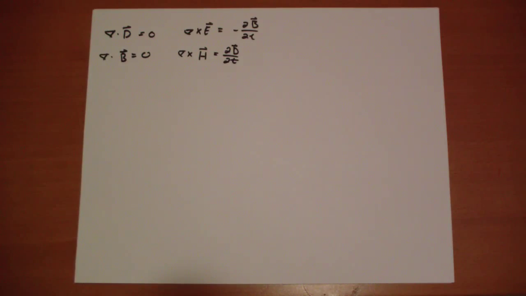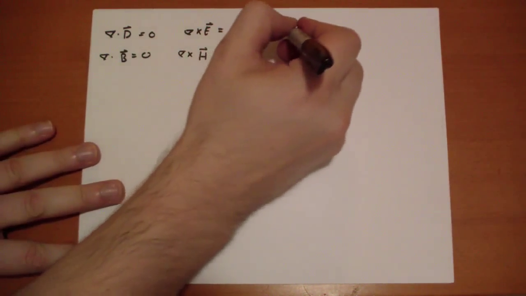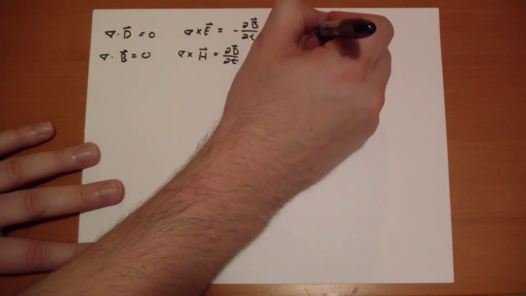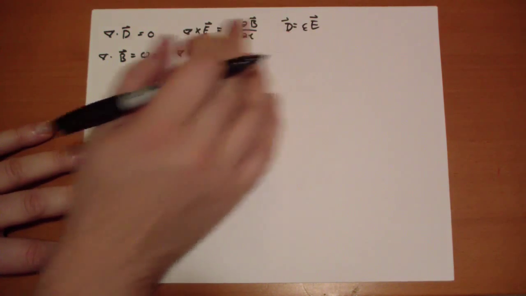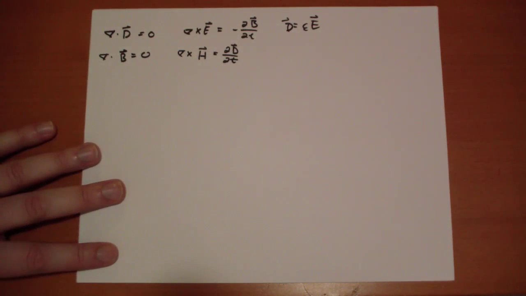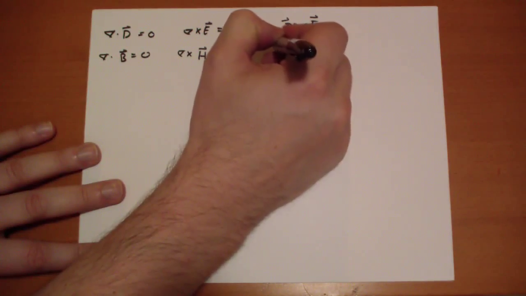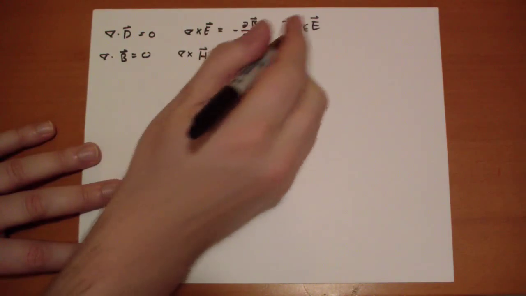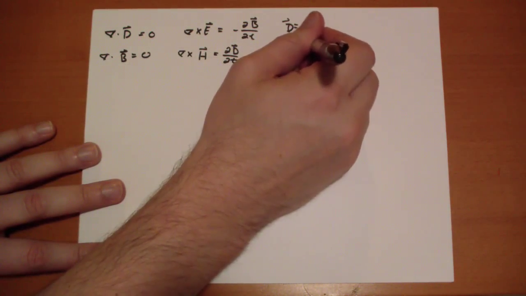The answer is that they are absorbed in the D field and the H field themselves. So if you have a linear medium, then you can relate the D field to your E field with the proportional constant epsilon. And H, by the same token, is just 1 over mu, the magnetic permeability of the material, times the B field.